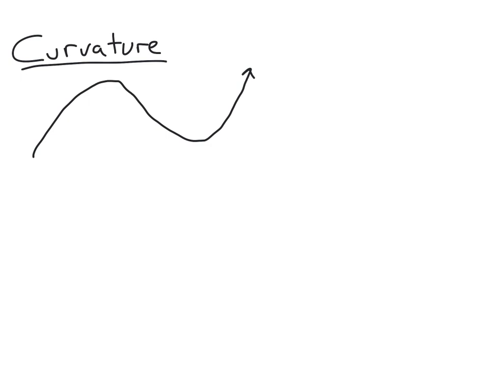And what we can do is at each point, we know that we have a unit tangent vector. So I'm just going to, at each point, draw something that looks like a unit tangent vector. Remember, a unit tangent vector is length 1, and it points in the direction of the curve at that particular point.